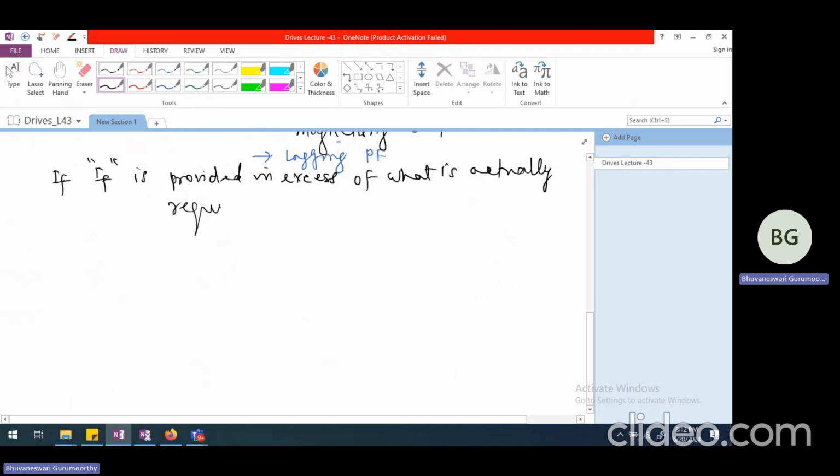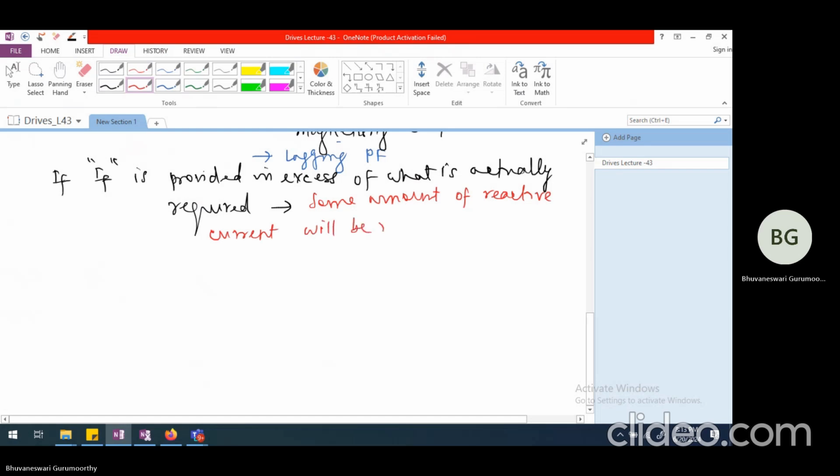Then in that case, what is going to happen is some amount of reactive current will be returned to the three-phase supply from the armature side.